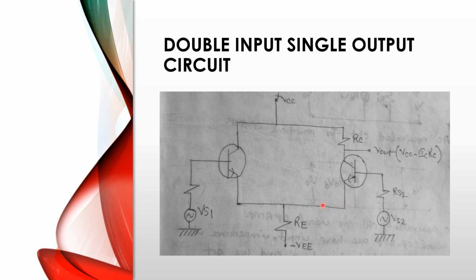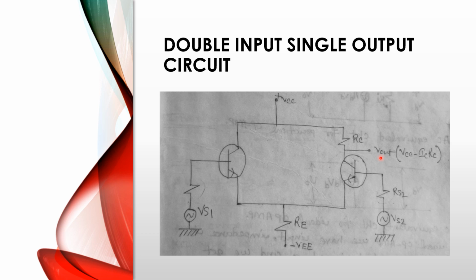Less VBE on the right transistor means less collector current in this transistor, which increases the output voltage. That means if ICRC decreases, Vout increases. An increase in V1 produces an increase in Vout. That's why V1 is called the non-inverting input terminal.